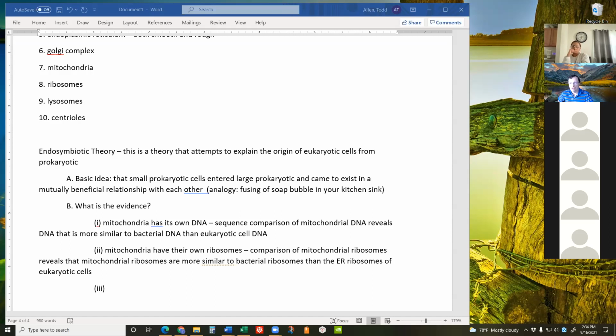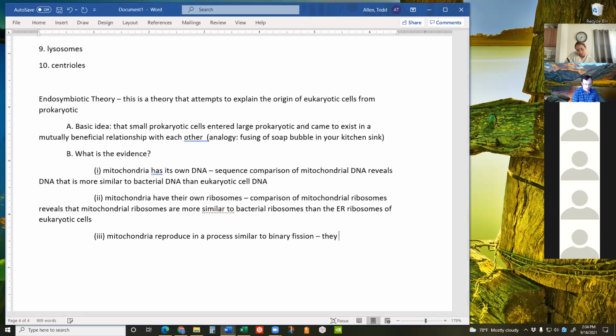And if you study the process of mitochondrial reproduction, guess what? It very much resembles binary fission. It does not resemble mitosis or meiosis at all. That's weird, gang. That's very weird. Mitochondria reproduce in a process similar to binary fission.